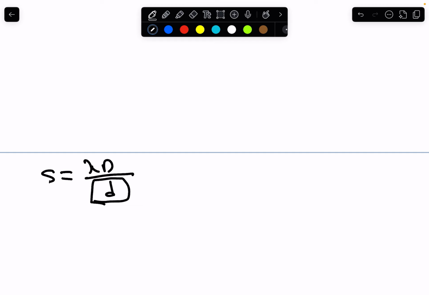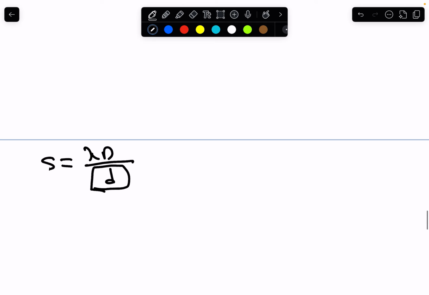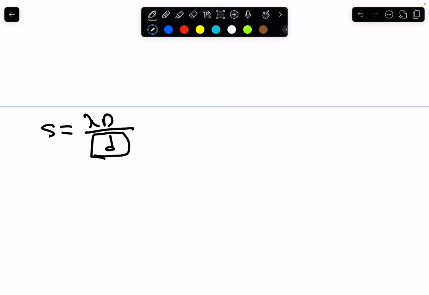And we know when light travels from glass, which has higher refractive index than air, because air is the least, and in IB curriculum, we assume it's like a vacuum, so n equals 1. So we know that the wavelength will increase because the speed will increase and frequency stays the same, so the wavelength must increase. So we have here B, which says that the frequency stays the same and wavelength increases.